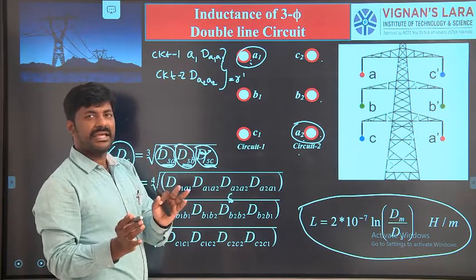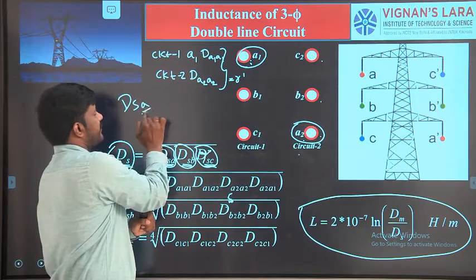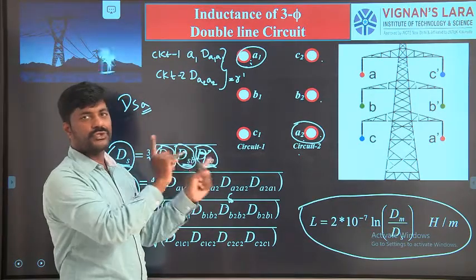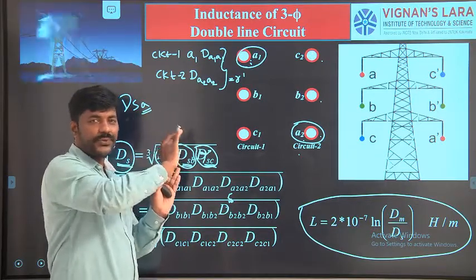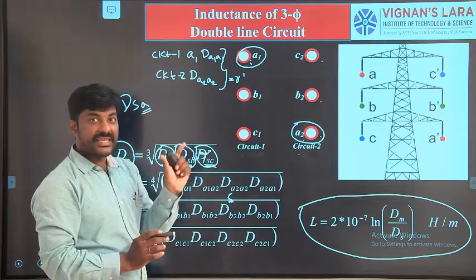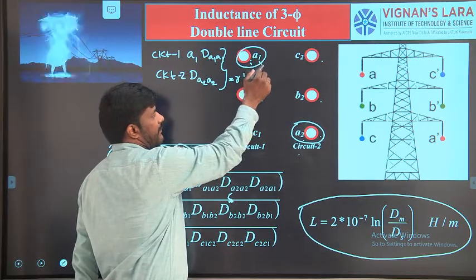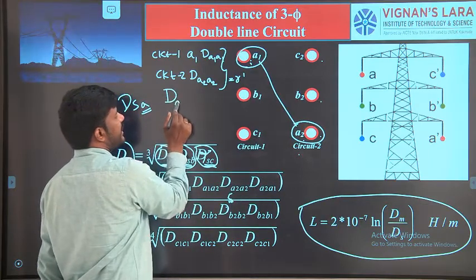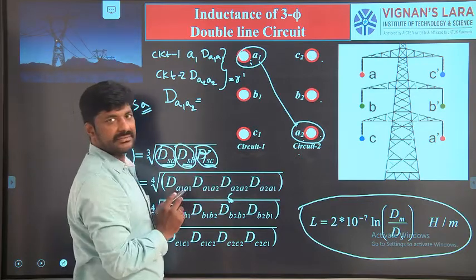Two more terms are there because we are calculating DSA for phase A exclusively, considering the two circuits. Then what are the remaining two terms? From circuit 1 to circuit 2 of the same phases, that is the distance between A1 and A2. I will call that distance dA1A2.